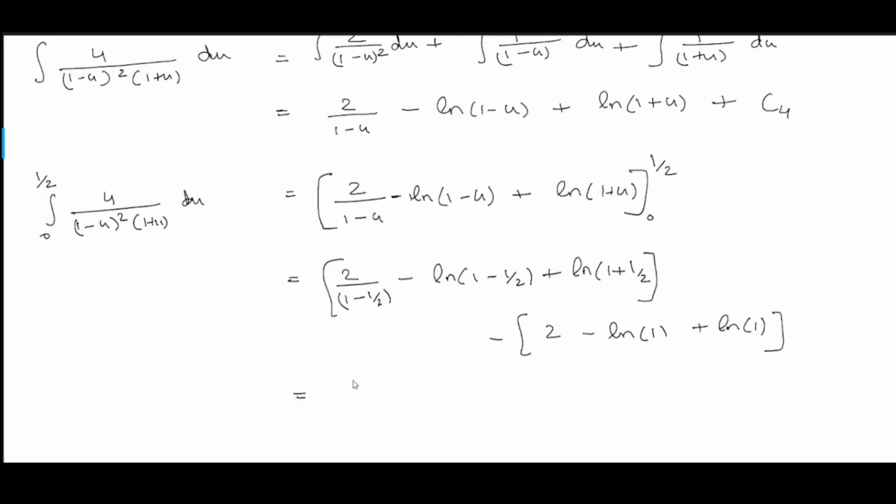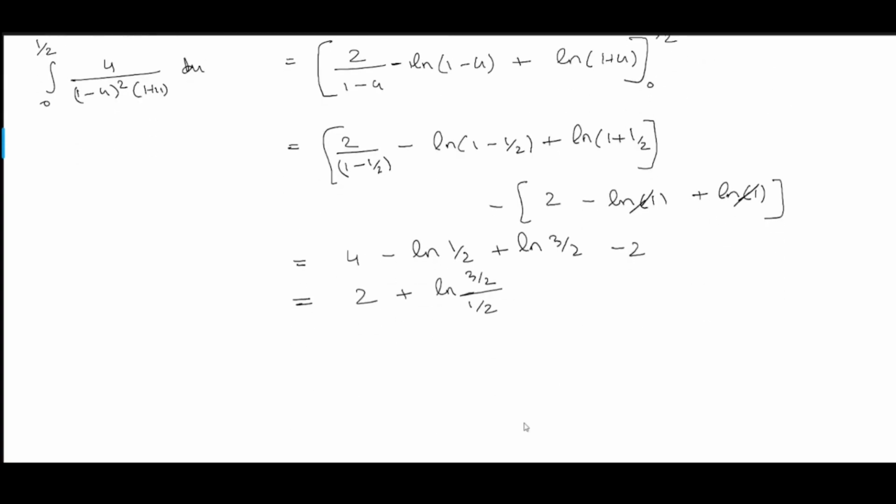Now this is 2 by 1 by 2, which becomes 4, minus ln 1 by 2, plus, oh sorry, plus ln 3 by 2, minus 2. Even otherwise, we could see ln 1 is just 0, so we have 0 and 0 which cancel, and minus 2. That's the answer: 2 plus ln of 3 by 2 divided by 1 by 2.